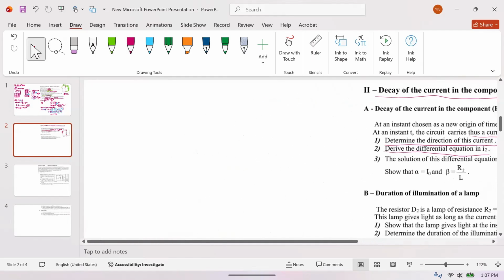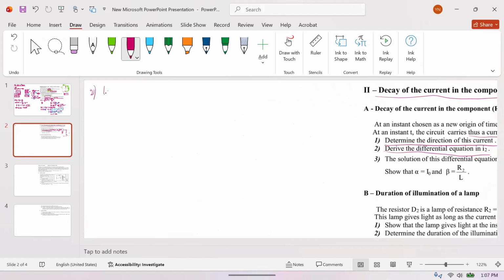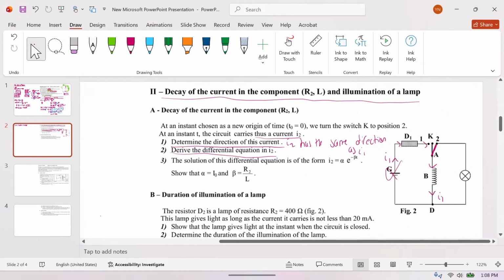We said that the first step, we write the law of addition of voltages, and we start. What do we say? We say U of the coil.